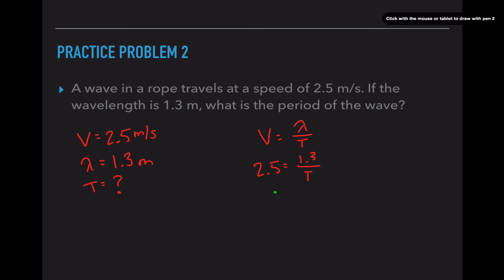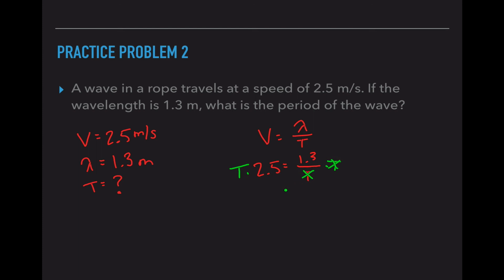Now looking at this problem, period is in the bottom of a fraction bar. It is in the denominator. Most people try to instantly multiply by 1.3 thinking that they're separating out that fraction bar. It doesn't really get rid of it. So instead of multiplying by the number on top, we're going to multiply both sides by T. We do this because now we can cancel out these two variables, because one was on the top of the fraction and one was on the bottom.